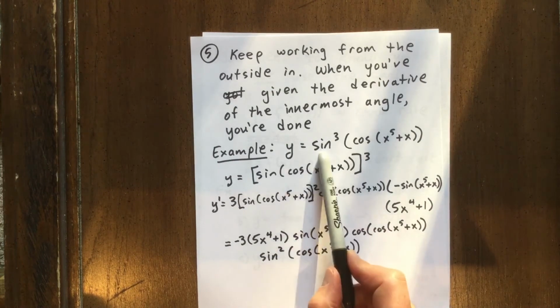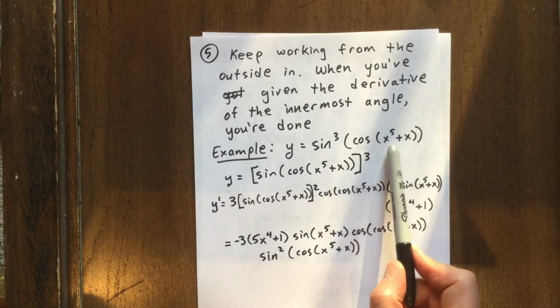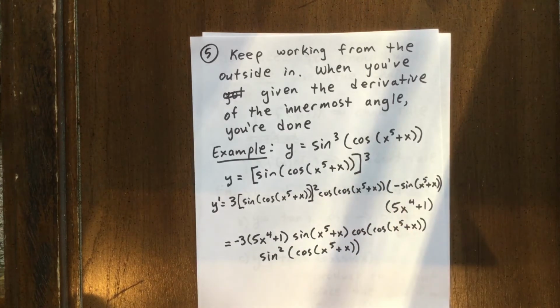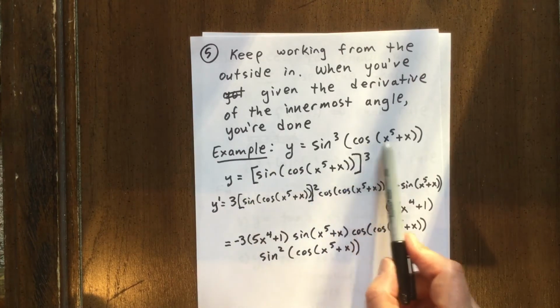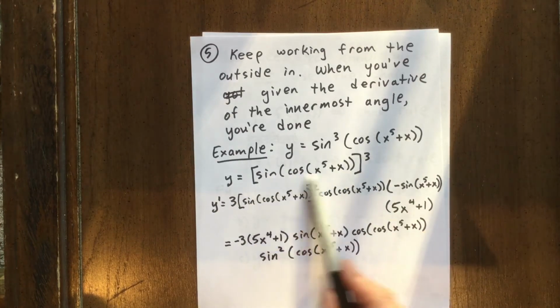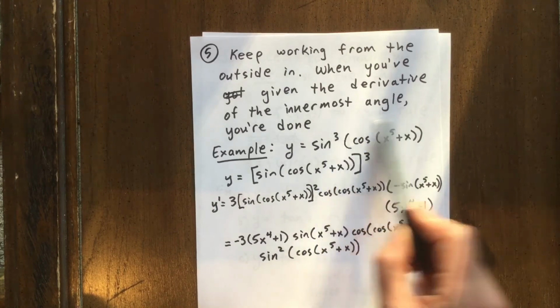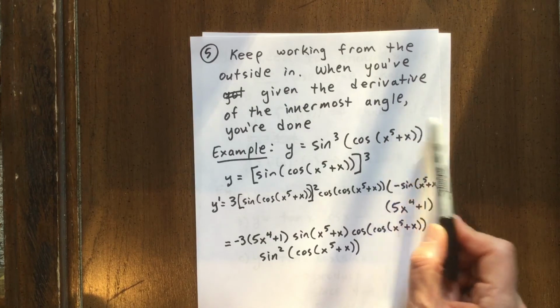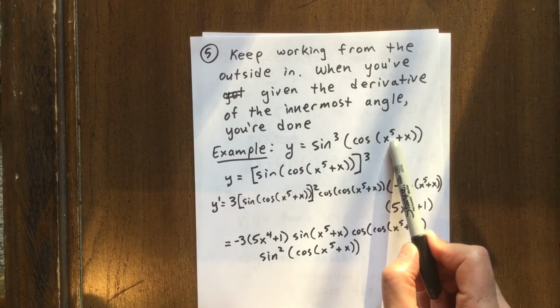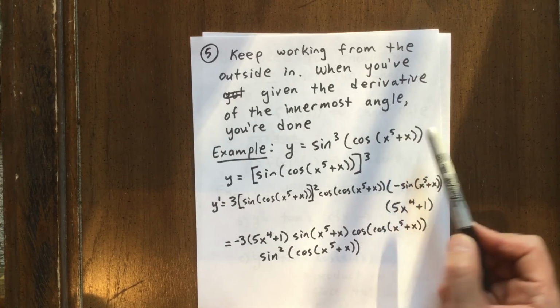So what if we had y equals the sine cubed of cos of x to the 5 plus x? Okay, well, that would be like saying y is the sine of cos x to the 5 plus x quantity cubed. In other words, bring that out there. This doesn't count as something you want to bring out there because it's within the angle. Okay?